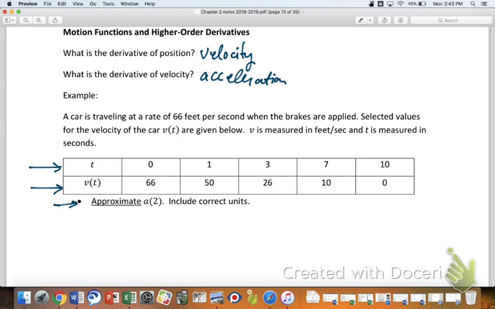And Andy's idea of change in velocity over change in time, which is really an average acceleration, is going to be our best estimation. So maybe we say a of 2 is approximately equal to delta v over delta t, which would equal, from our table, what would our v of 2 be?